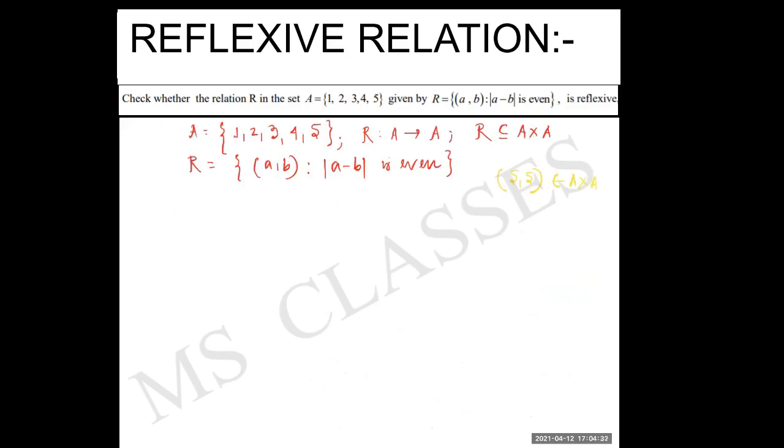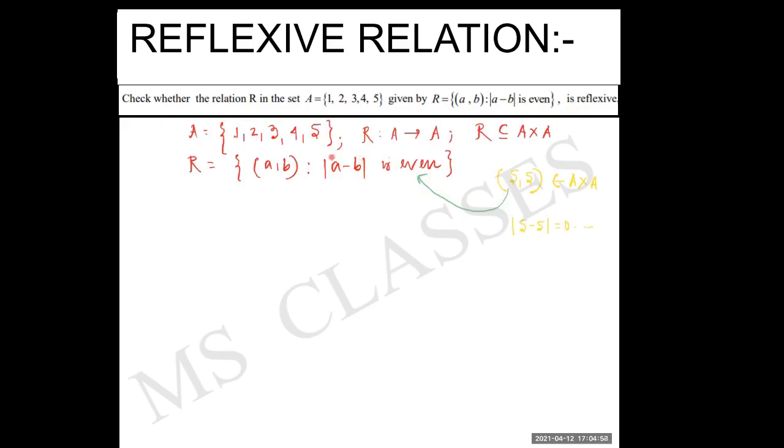Now, if (5, 5) obeys this condition, then it will be included in R. Now, what we observe, children, is that 5 - 5 = 0, which is even. So (5, 5) should be in R. Like this, you can check for all of them.